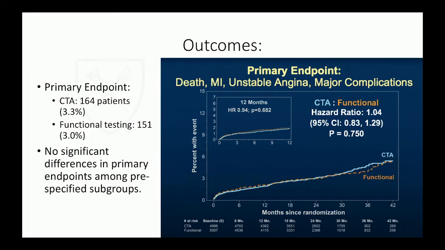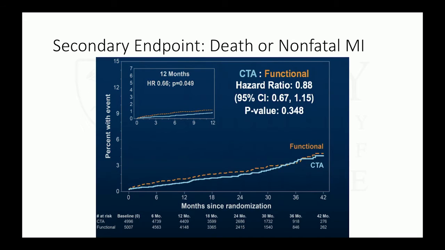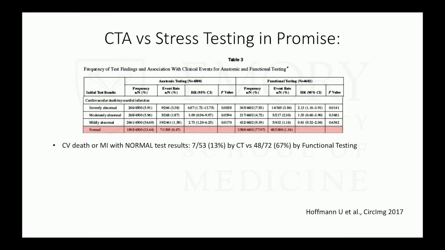And so what we really found is that there was no significant difference in those primary endpoints in either arm. And when specifically looking at a harder outcome of death or non-fatal MI, again, both tests performed equally. There was really no declared winner in this.